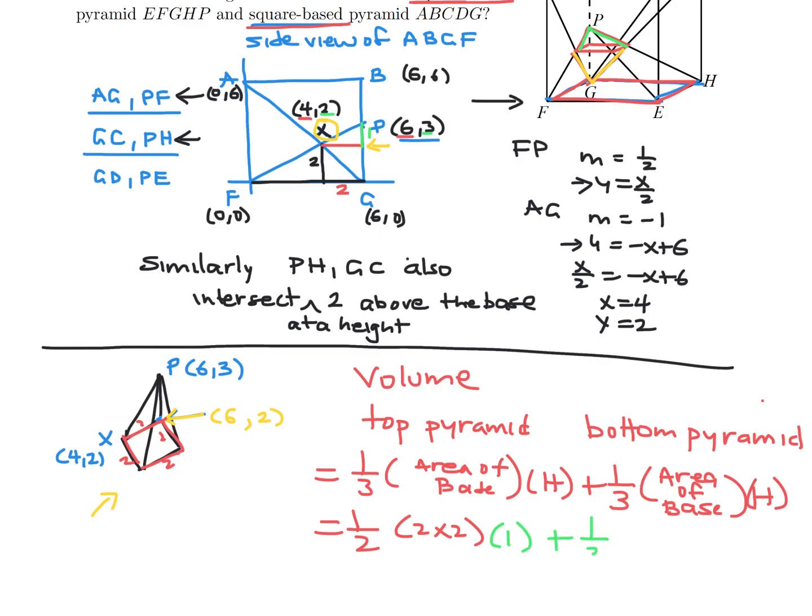And then 1/3 area of the base is also the same base, so it's again a 2 by 2, but this height is the distance, I'll do it in red this time, from the base down to the floor. And that is going from 2 down to 0 this time. So that's 2 for the height.